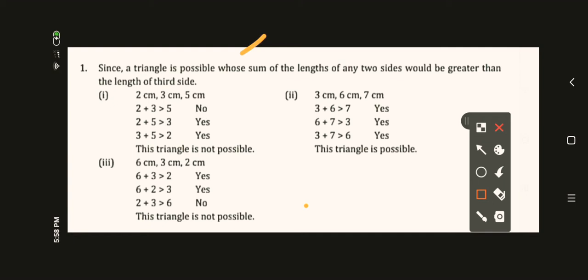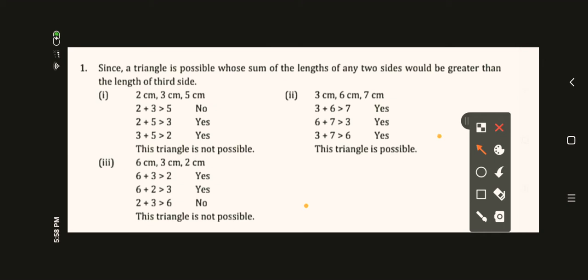The first case is the sides 2 and 3, then compare it with 5, then 2 and 5, compare it with 3, and 3 and 5, then compare it with 2, right? In this manner. But in the first condition, 2 plus 3 is equal to 5, not greater than 5. So it is not satisfying. So such a triangle is not possible.